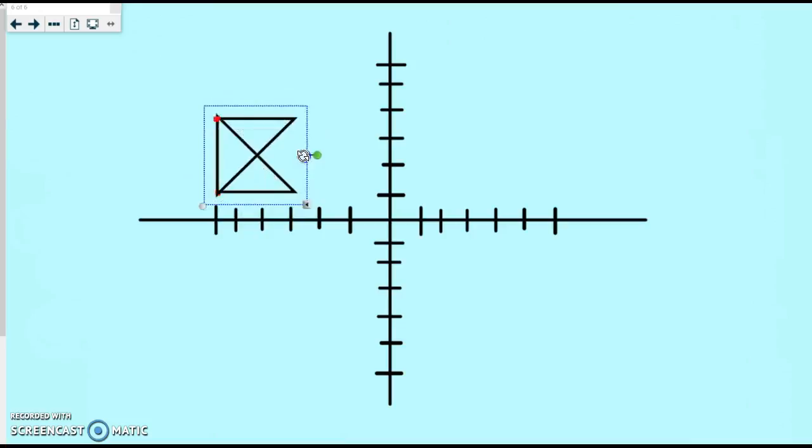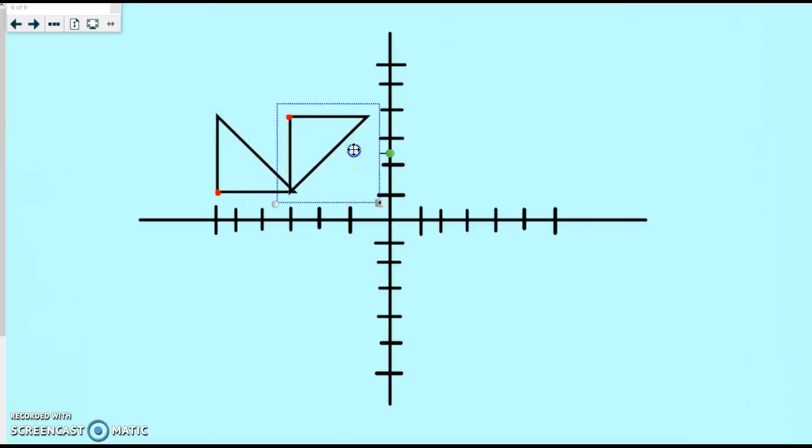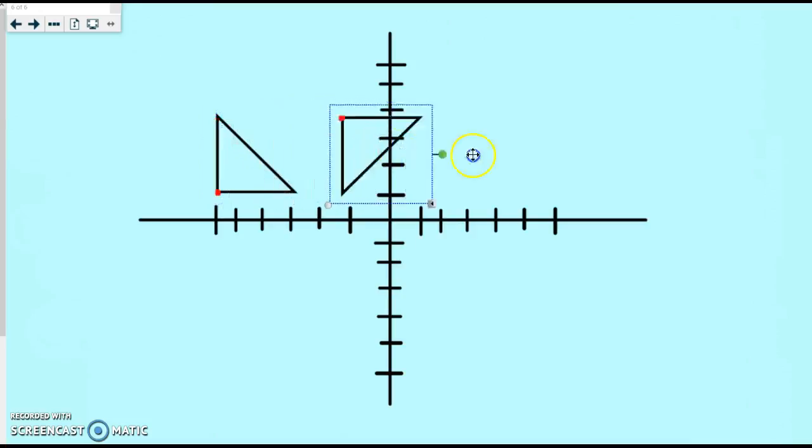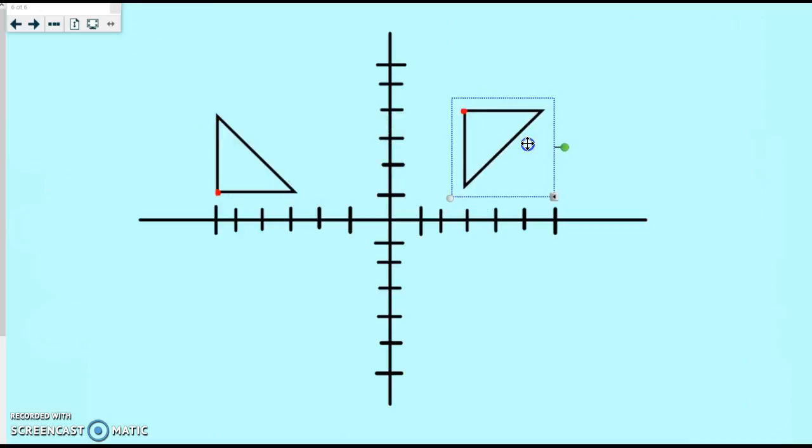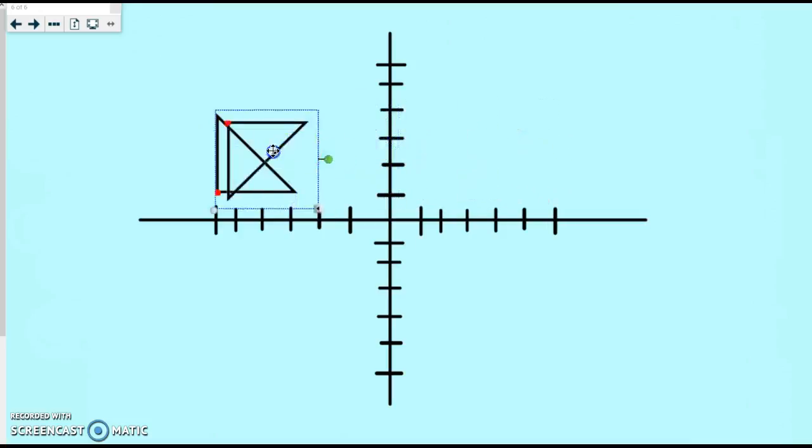Rotate this figure 90 degrees clockwise. And just so you can see it, I'll move it over here. Now I'm going to do another 90 degrees. So it's had a complete 180 degrees.